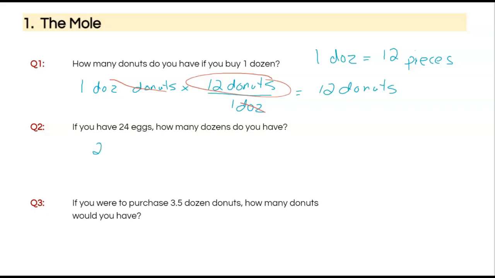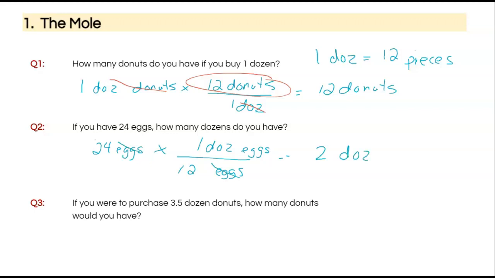If I have 24 eggs, and I don't want eggs, so I'm going to get rid of the eggs down here. I know that there are 12 eggs in 1 dozen eggs. So my 24 divided by 12 gives me my 2 dozen.